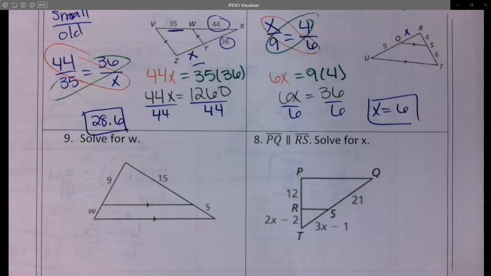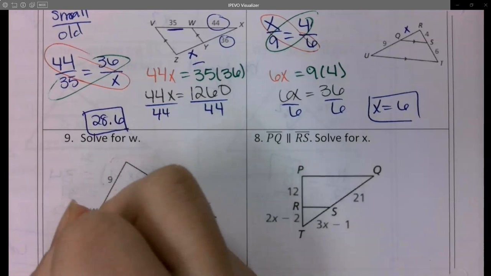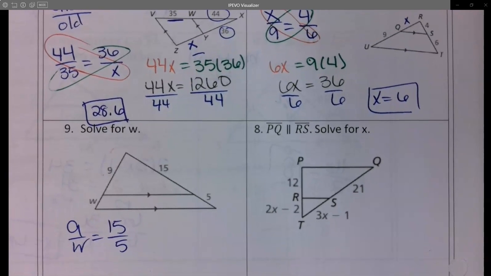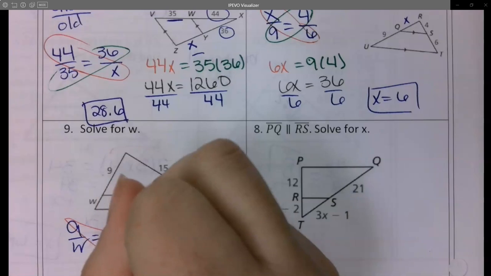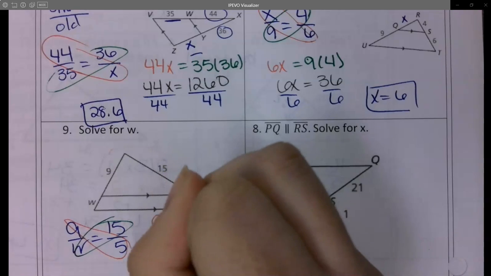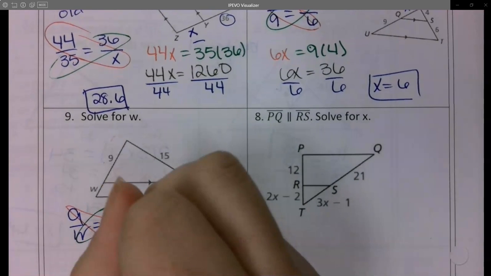Number 9 is similar. It wants me to solve for w. So I'm going to have 9 over w equals 15 over 5. So I want to start off by cross multiplying. I have 9 times 5 equals 15w. Nine times 5 is 45.